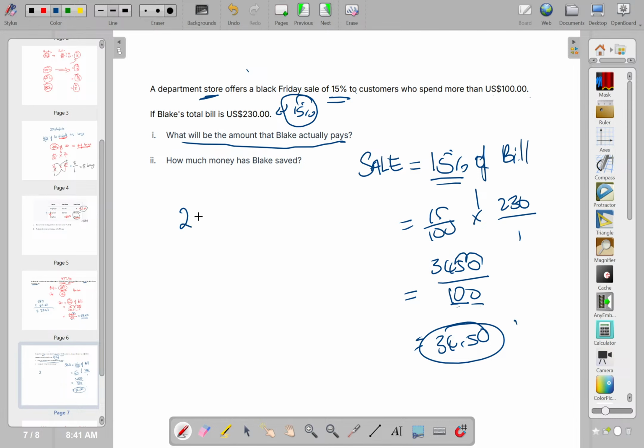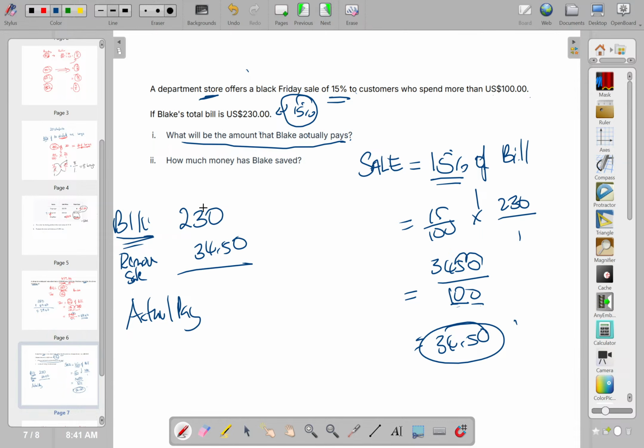So the bill was 230. How much would he actually pay? It's going to be the bill, but you have to remove the sale. So I have to remove the 34.50, because remember, the point of the sale was to make it cheaper.